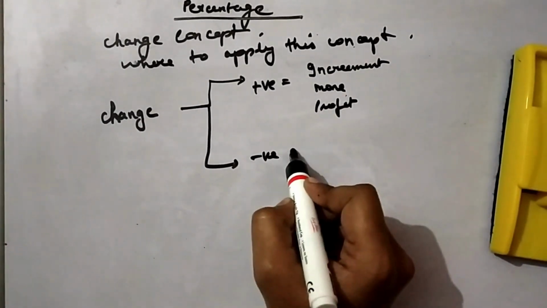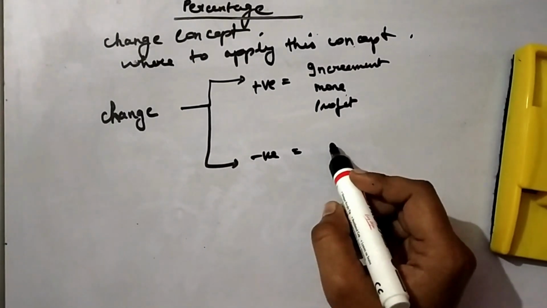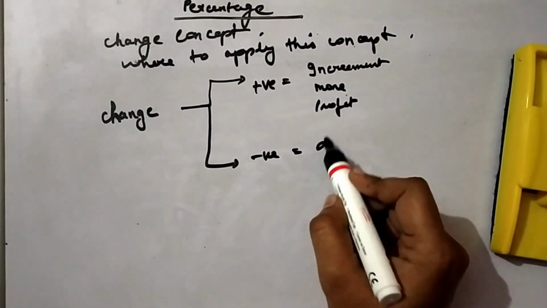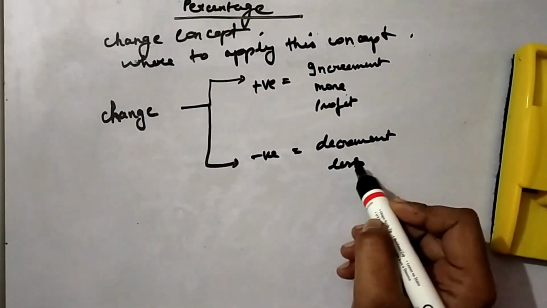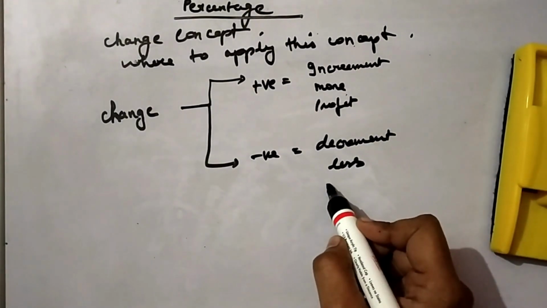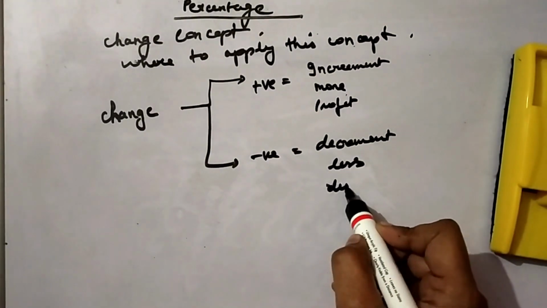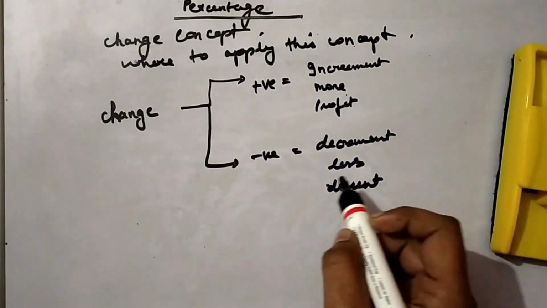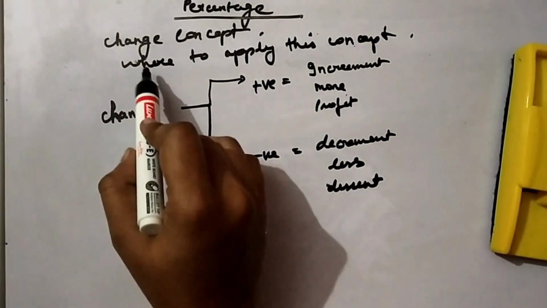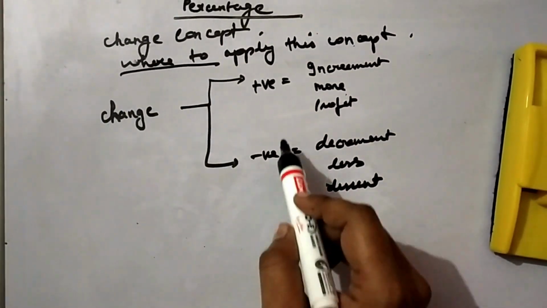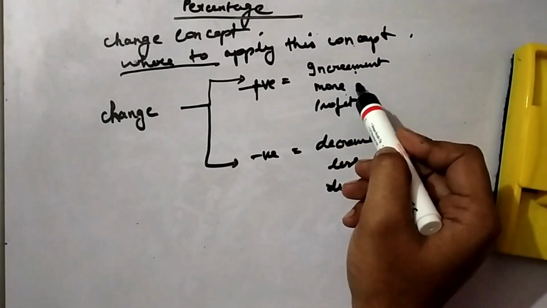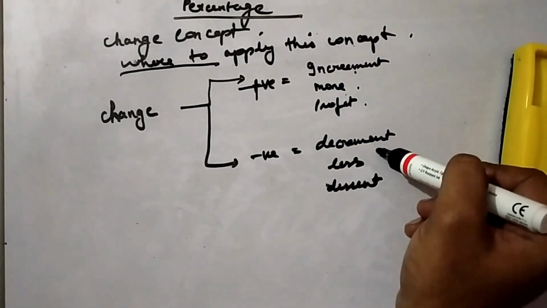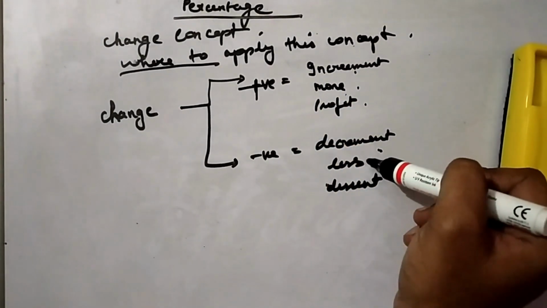Also negative can be decrement, less, descent. So where to apply this concept? Where it will be positive, where it can be increment, more, profit, or where it can be decrement, less.